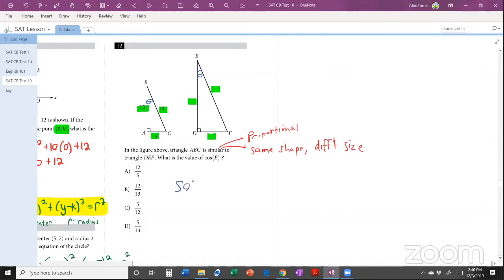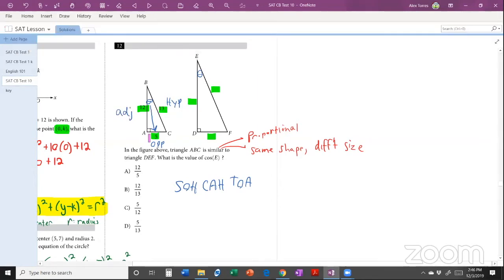So in the phrase SOHCAHTOA, you have sine is opposite over hypotenuse, cosine is adjacent over hypotenuse, and tan is opposite over adjacent. So since our angle is B, we go across from B, and the one that's across we call our opposite. The hypotenuse is the hypotenuse. It's across from the right angle. And then in trigonometry, the one that's left over, that's your adjacent side.